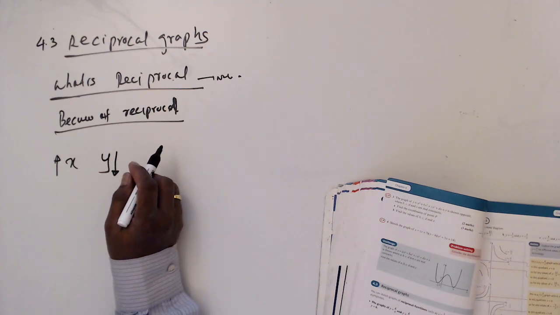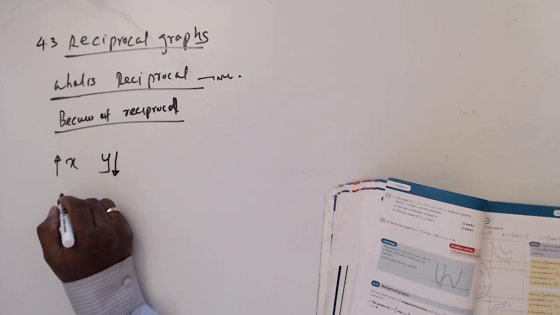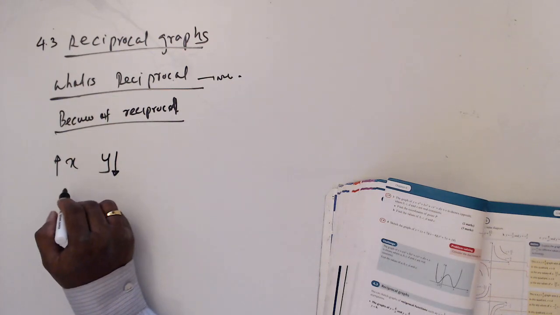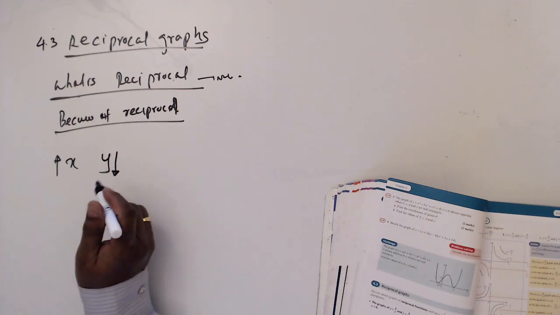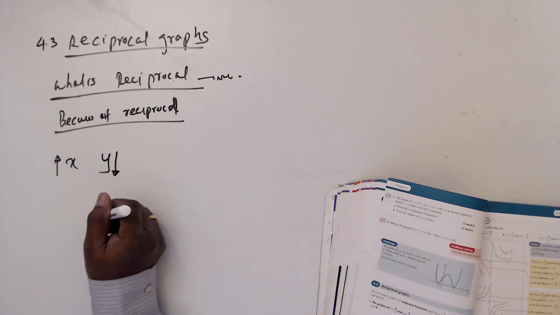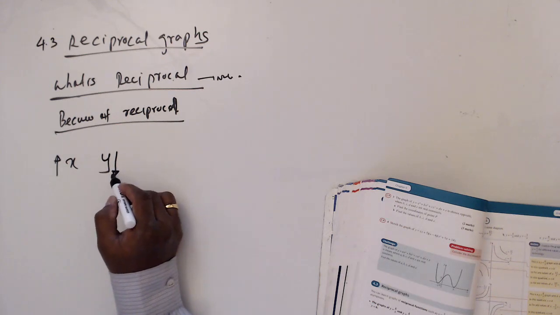For example, x is the petrol price. When the petrol price or the fuel price is increasing, the car prices are going down.